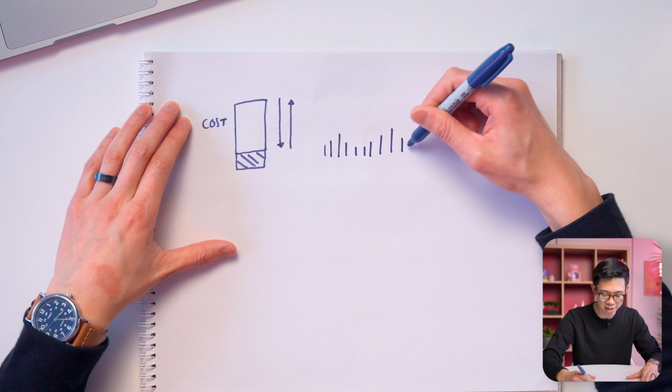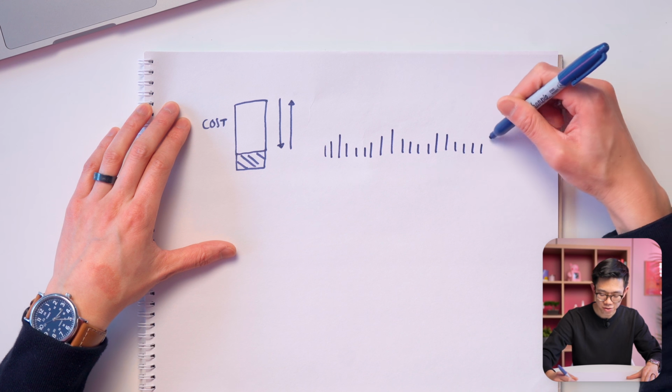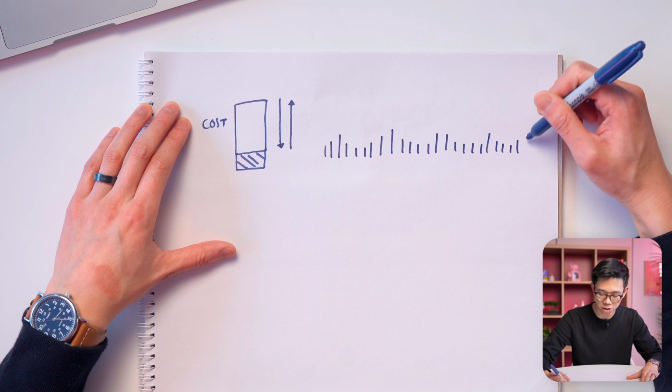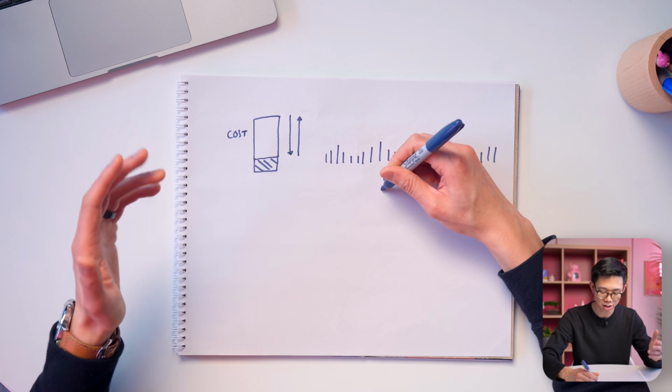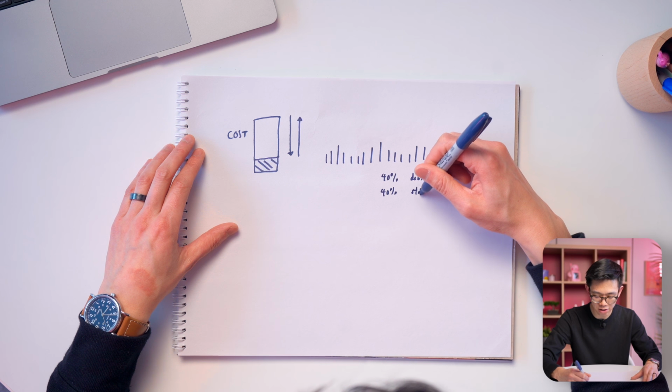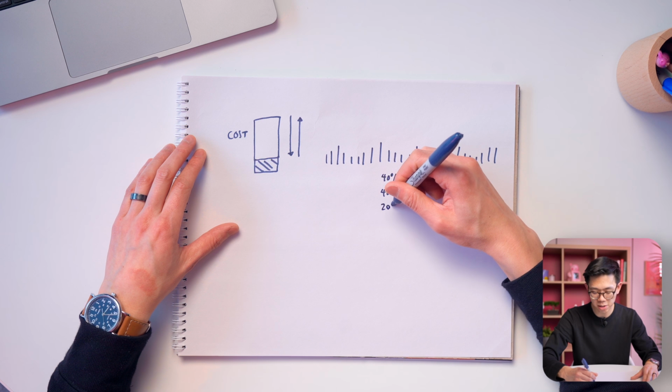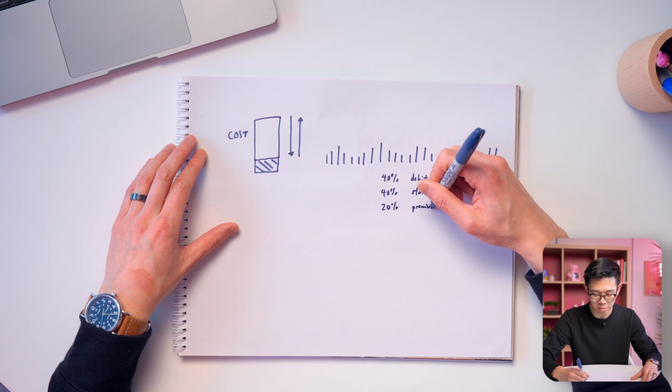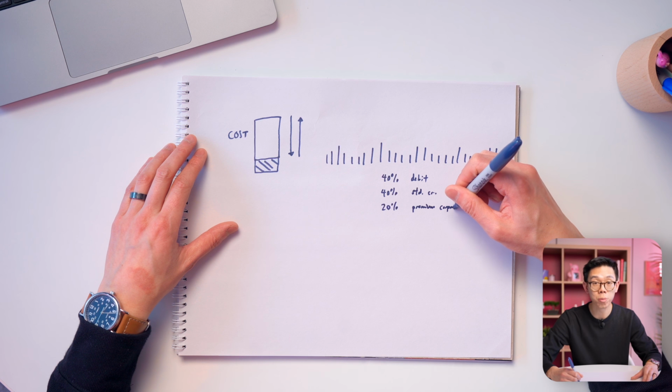So these little lines represent the interchange costs for each of the cards you process. 40% are debit, 40% are standard credit, and then 20% are those premium high rewards corporate cards.